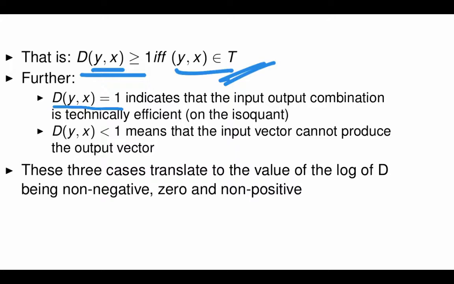This means that the maximum factor by which we could deflate the input vector is 1, which means it's at the boundary of the input requirement set, or on the isoquant, and in that sense it's efficient.